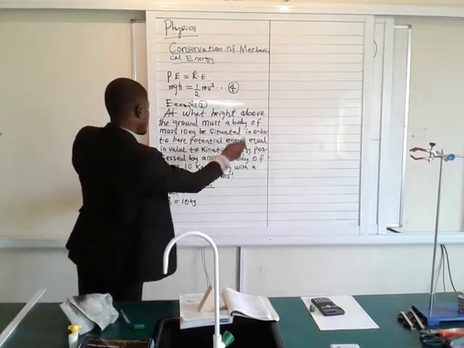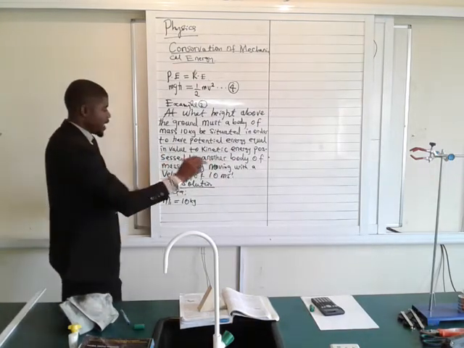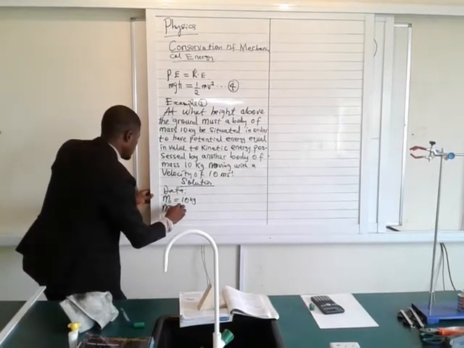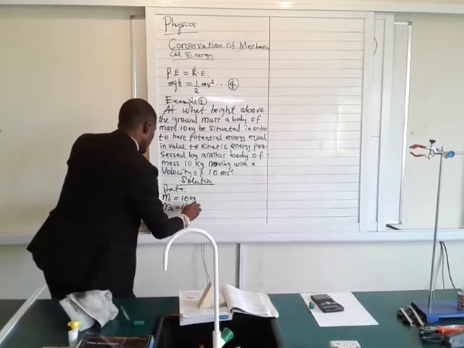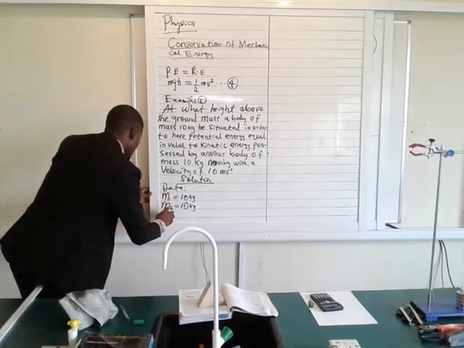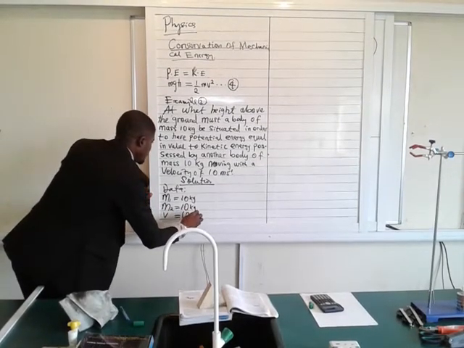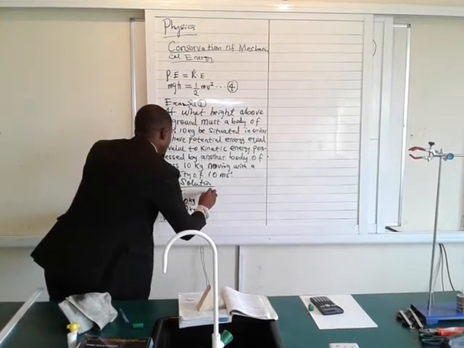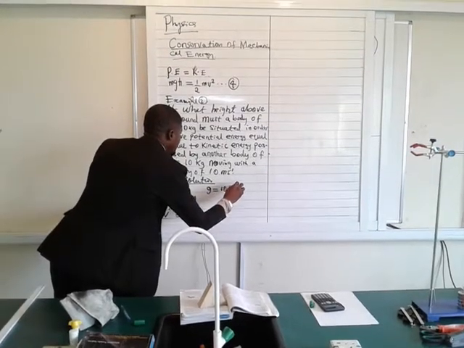And another body possessing kinetic energy has mass, let's say m2, also equal to 10 kg. And then our velocity v is given as 10 meters per second. Mind you, g is equal to 10 meters per second squared.